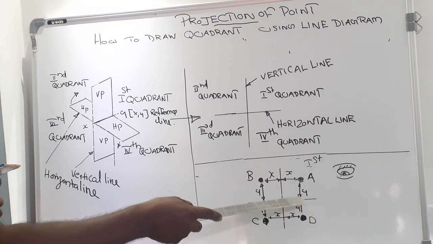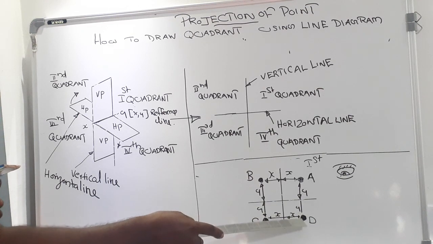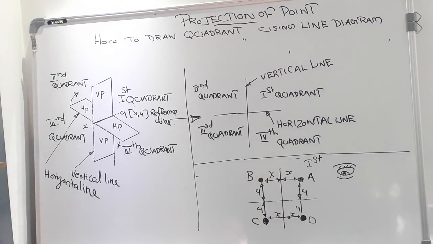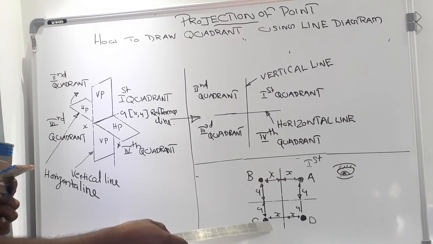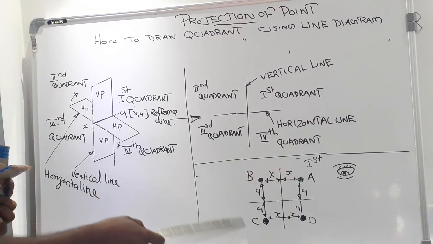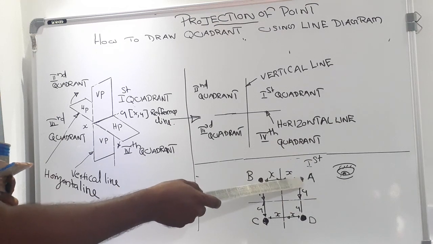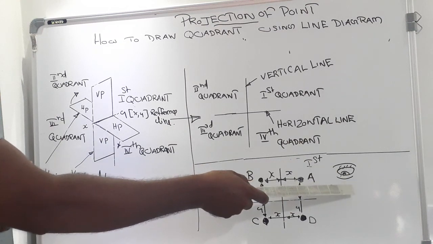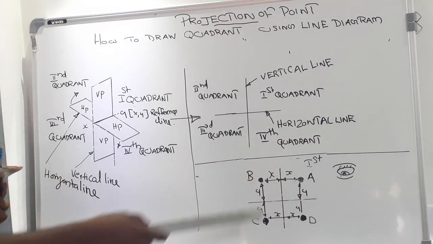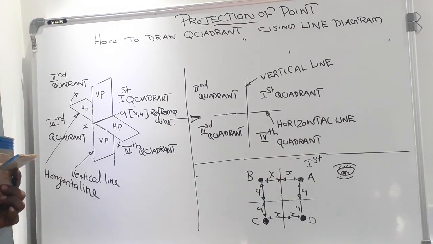That is Y distance below the horizontal line and X distance in front of the vertical line. Isn't it clear? That is the representation of the point according to your position and its corresponding lines. Okay, next.